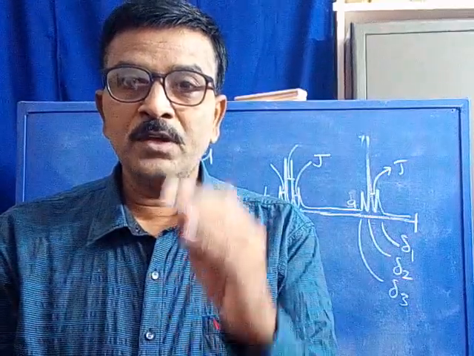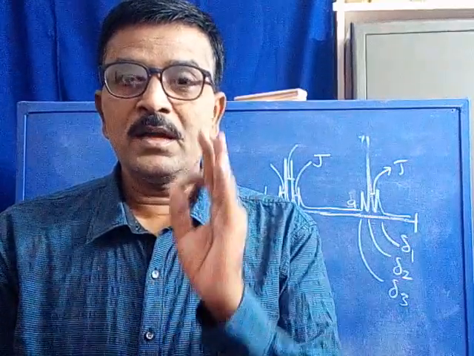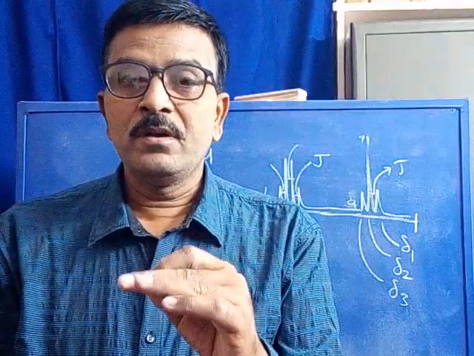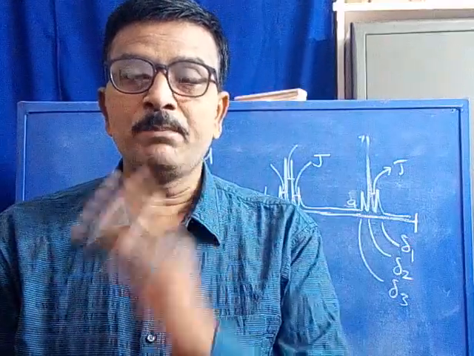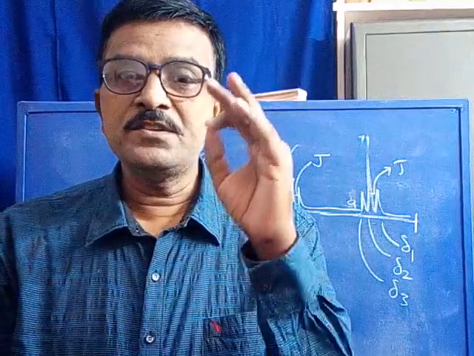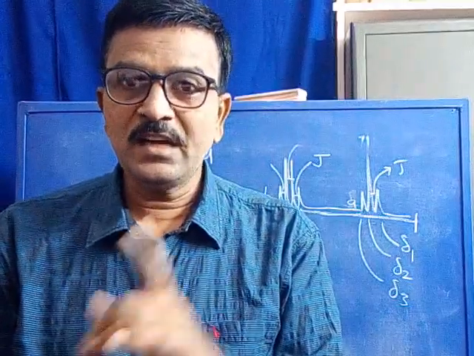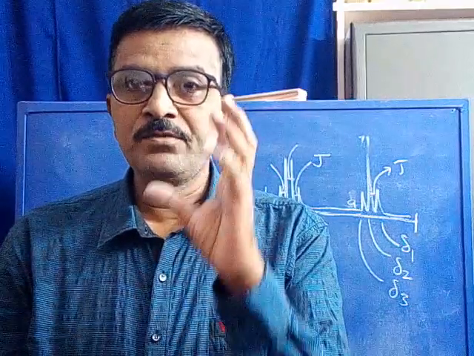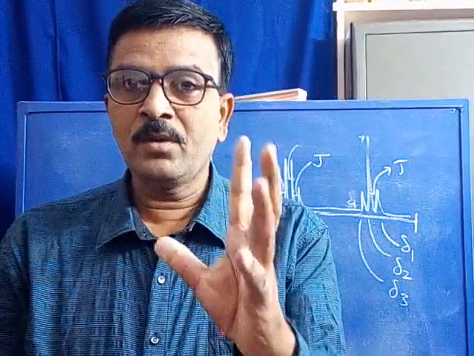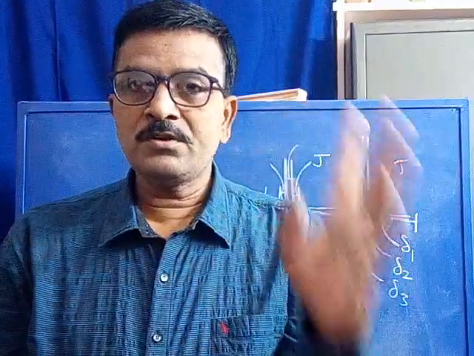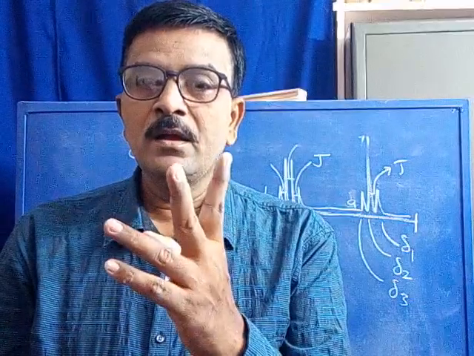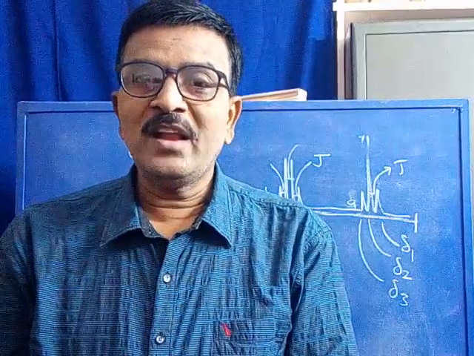If the protons are weakly coupled, the coupling constant is less. Is it clear? If strongly coupled, we may find the maximum J value; if weakly coupled, we get a lower J value.